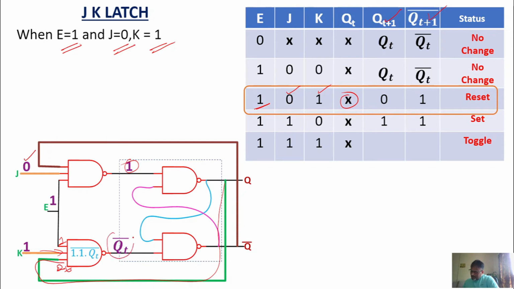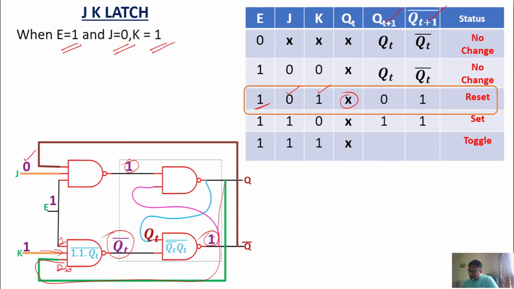So what you get here is QT bar. From this connection, what you get here is QT, right? Now see what output is going to come here when you take NAND of QT and QT bar. So QT bar into QT is equal to 0, 0 bar. What you're going to get is the 1 here.